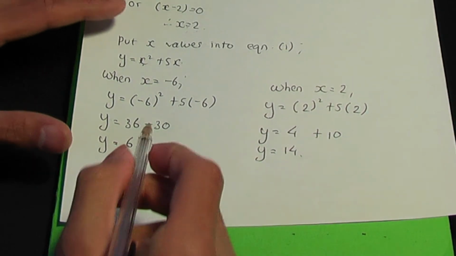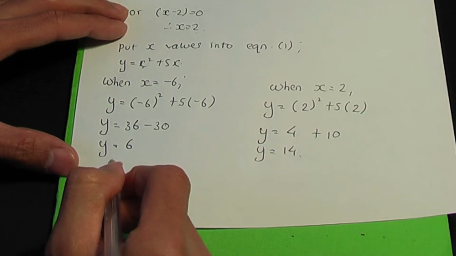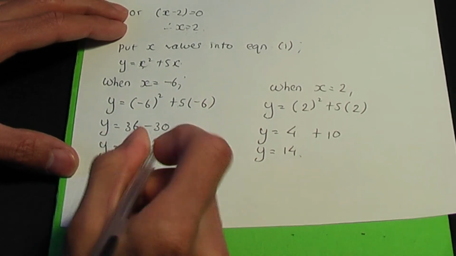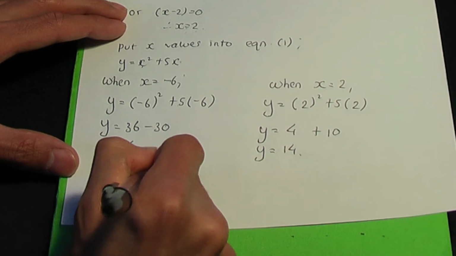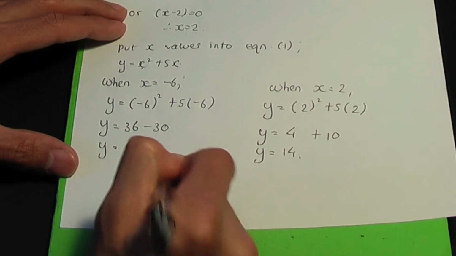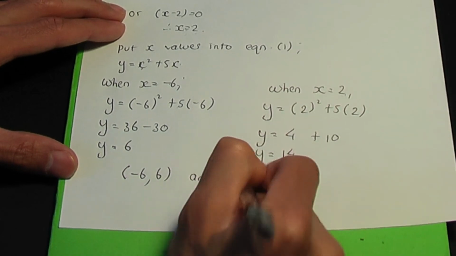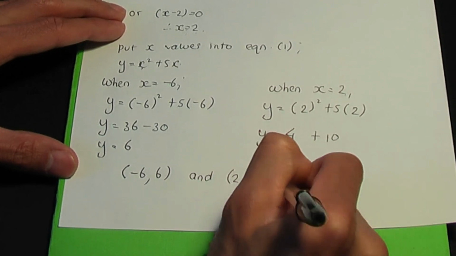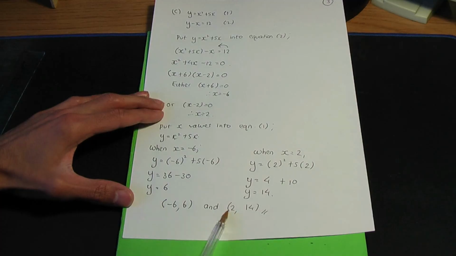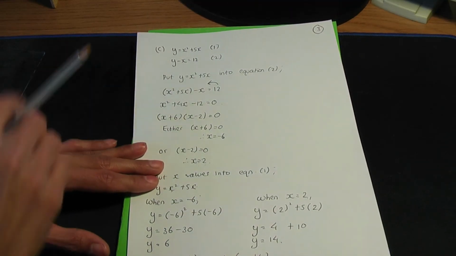So we've got two solutions. The first solution, when x is minus 6, y is plus 6, and the next solution, when x is 2, the corresponding y is 14. So this should be the solution to part C.